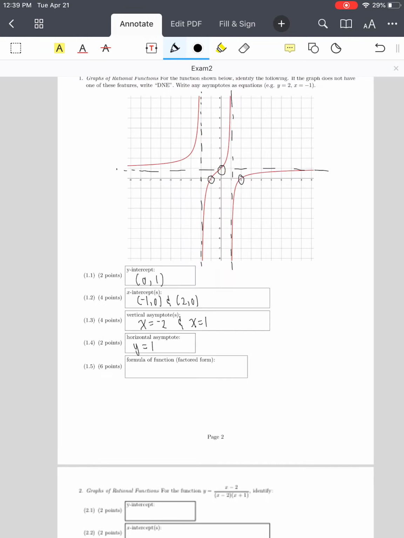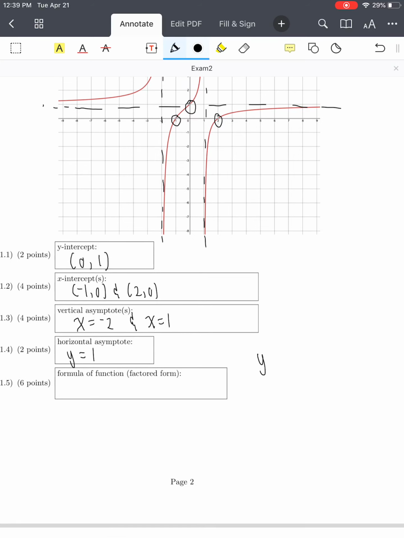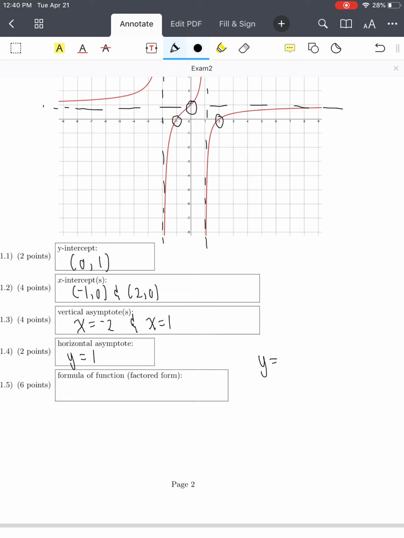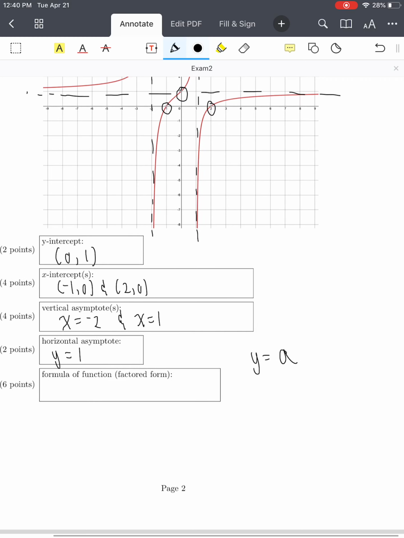So let's make sure we don't have to do any additional work for this one. y equals, I'm going to put an A here, and A here, just in case we need to do some scaling. The x-intercept (-1, 0) goes to x plus 1. The other one is x minus 2.